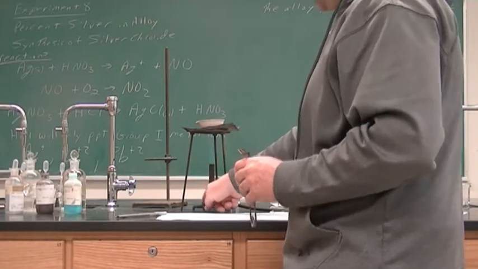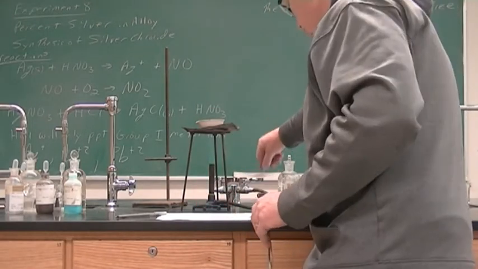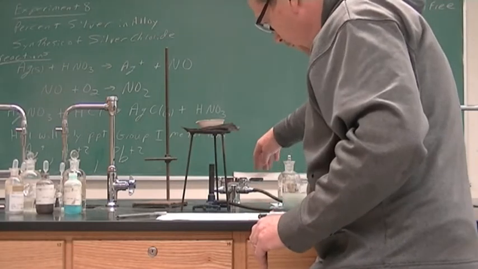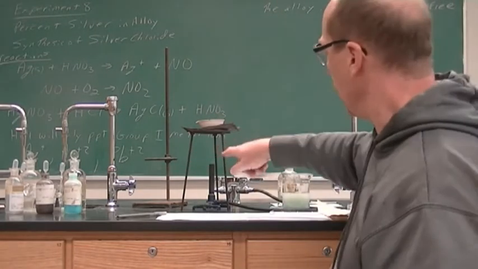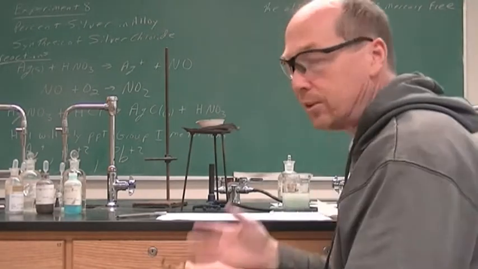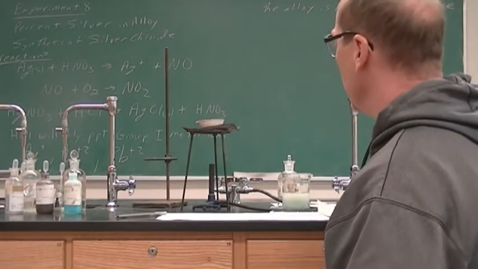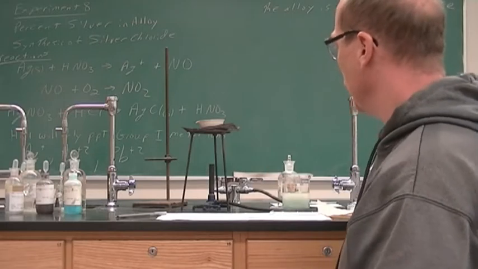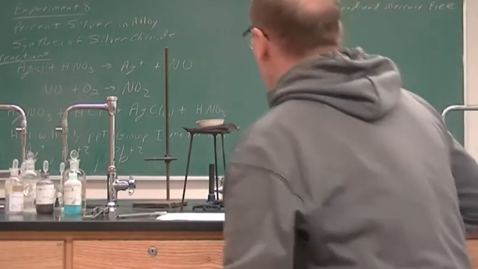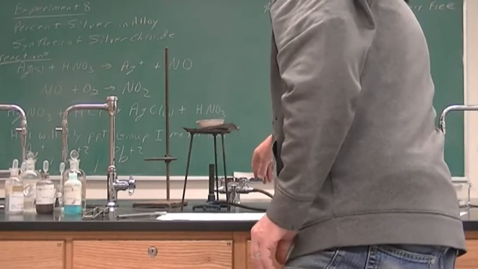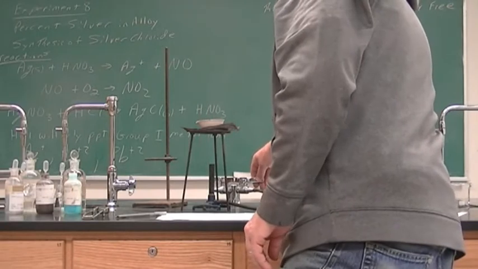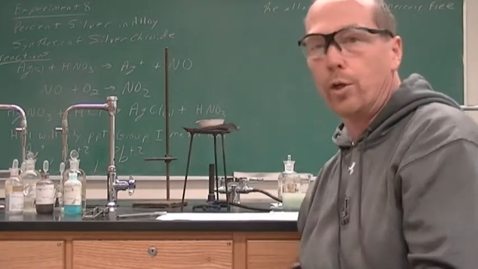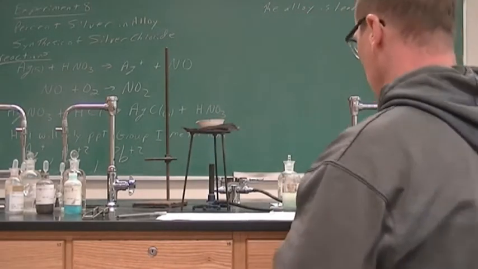That adjust down here will adjust the air. You adjust it at the controller on the bench top. So you always want to have an inner cone. It has to be blue, or you're going to be depositing copper on the bottom of your evaporating dish. All right, so initially we're going to heat gently. Turn it up a little bit. We don't really want it too high. We don't want it to boil and blow the silver off the top.